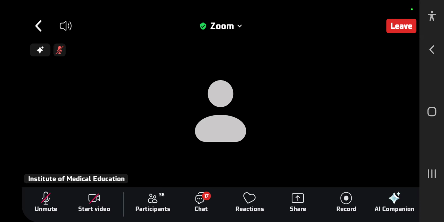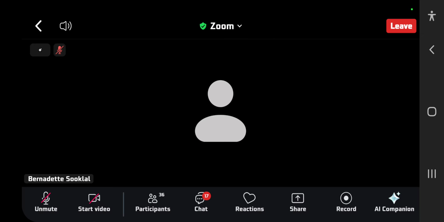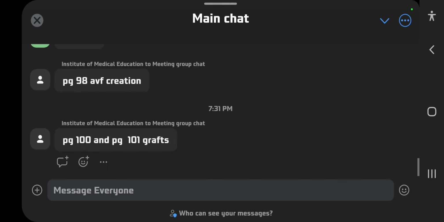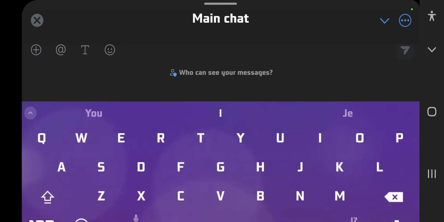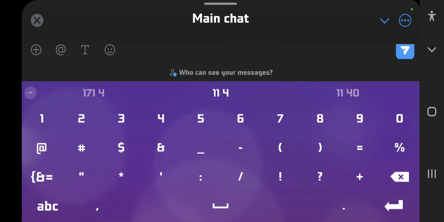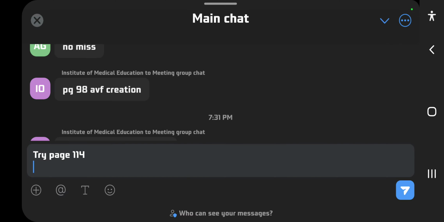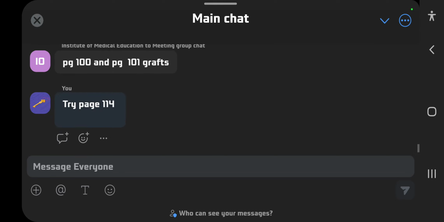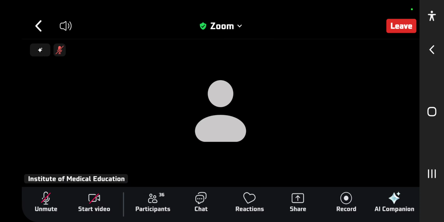I have the 10th edition, Review of Hemodialysis for Nurses and Dialysis Personnel by Judith Kallenbach. That's the page. It has the four different arms on that page, and those are the different types of grafts. So we have the straight forearm PTFE graft. And what is PTFE? That is the type of material. Someone says try page 114.